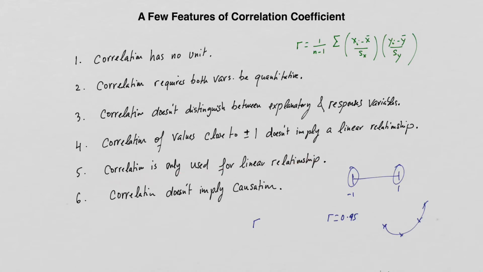Okay? The last one is extremely important. So what does it say? It says the correlation does not imply causation. In other words, just because there is a strong correlation between X and Y, it doesn't mean there is a cause-effect relationship.